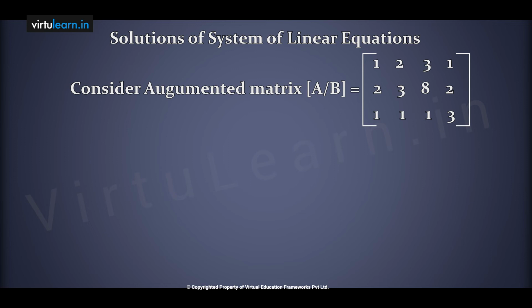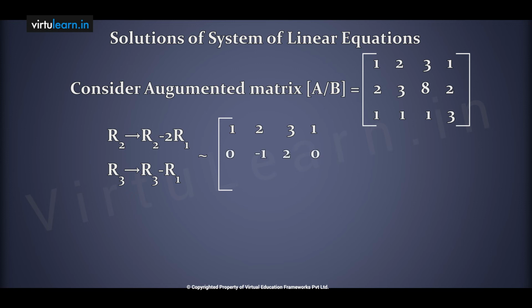For that purpose, R2 changes as R2 - 2R1, R3 changes as R3 - R1. Then second row: 2-2 = 0, 3-4 = -1, 8-6 = 2, 2-2 = 0. Now R3 - R1: 1-1 = 0, 1-2 = -1, 1-3 = -2, 3-1 = 2.